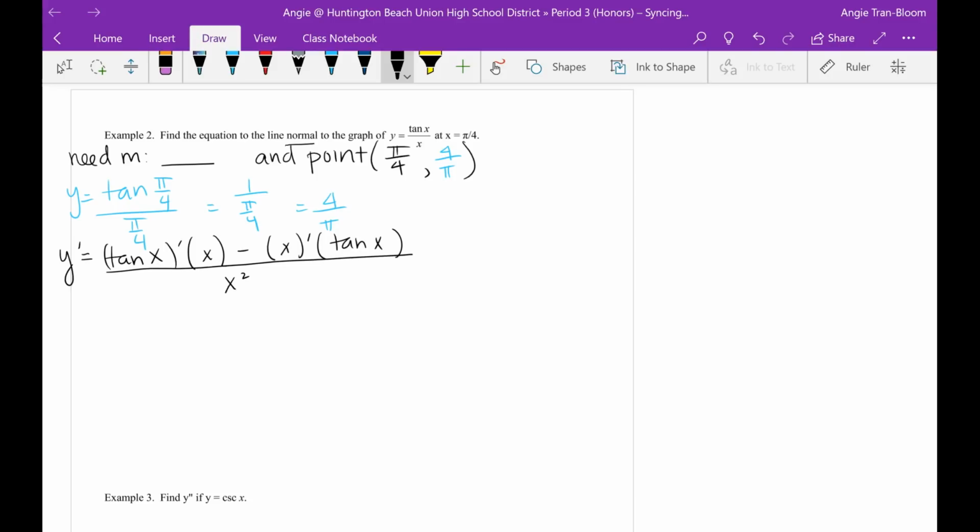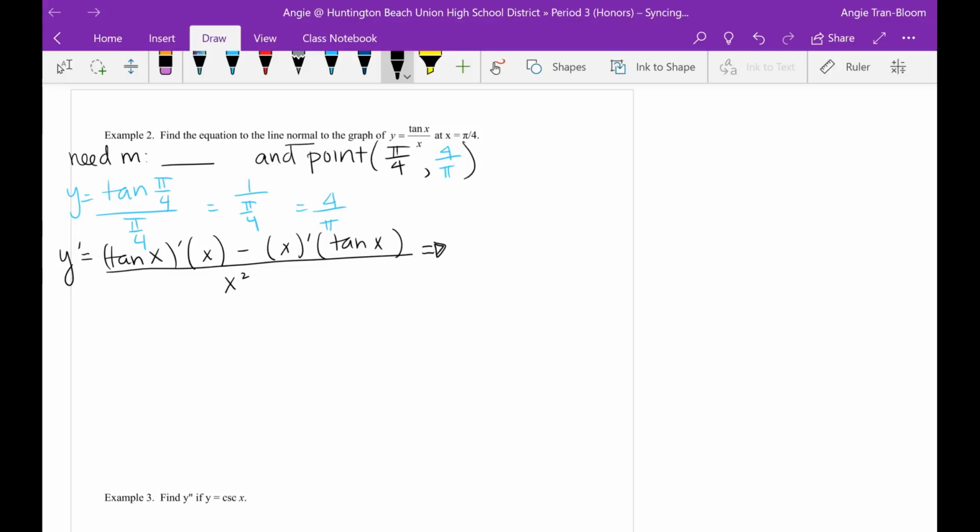Okay, now from here I will attempt to find the derivative of tangent. If you have not memorized that yet, I'm going to give you a second to recall it from your memory. Do you remember the derivative of tangent? We proved it.